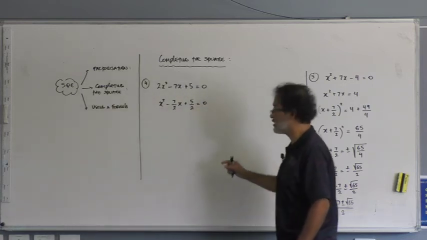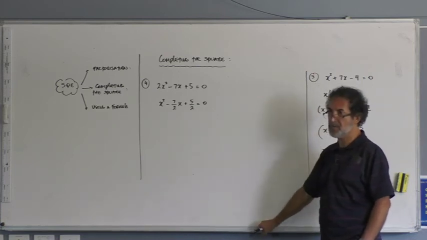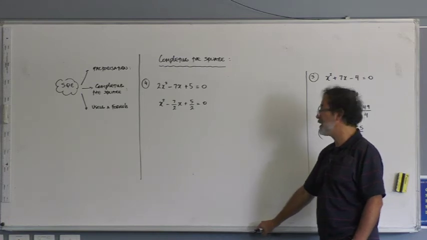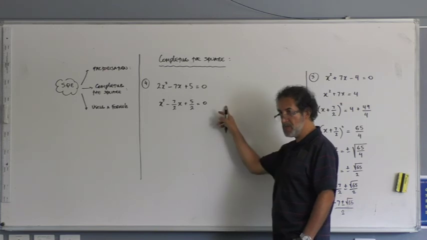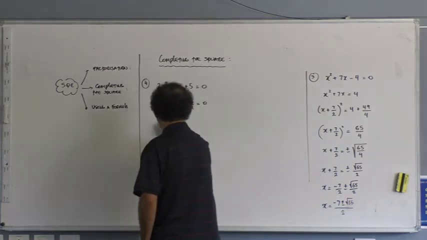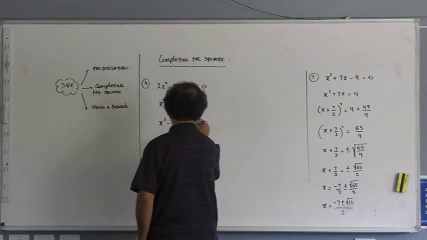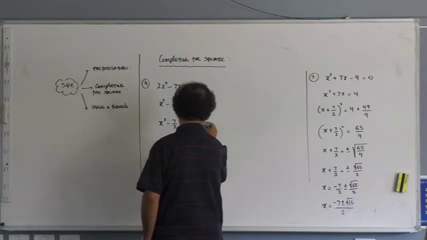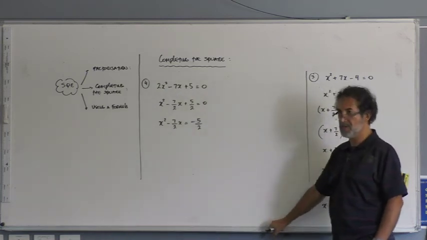All I did is just to divide through by 2, right? And then we are going to move the constant to the other side. So we're going to have x squared minus 7 on 2x is equal to negative 5 on 2.